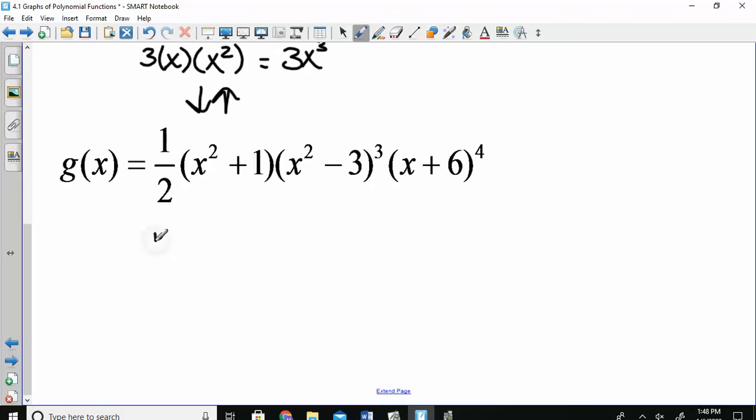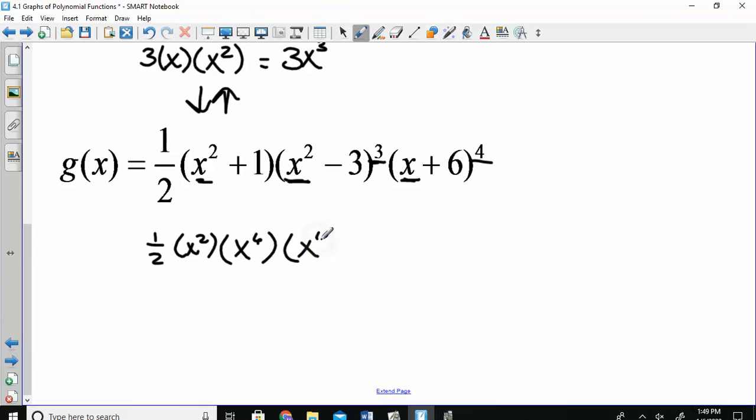If we multiply it all out, we have 1/2. In this parenthesis, my highest power is an x squared. In this one, we have an x squared cubed. What do we do with those exponents? Multiply. Yeah, because it's like a power to a power. So that one would become x to the 6th.